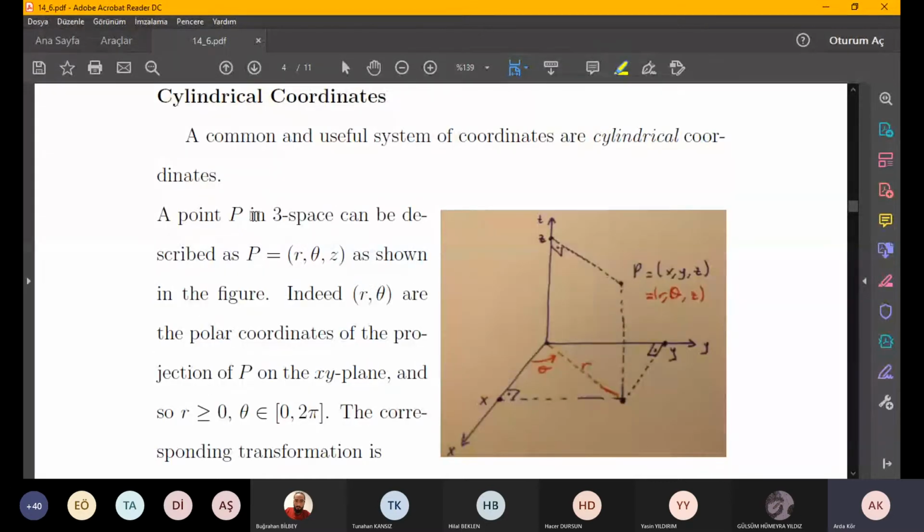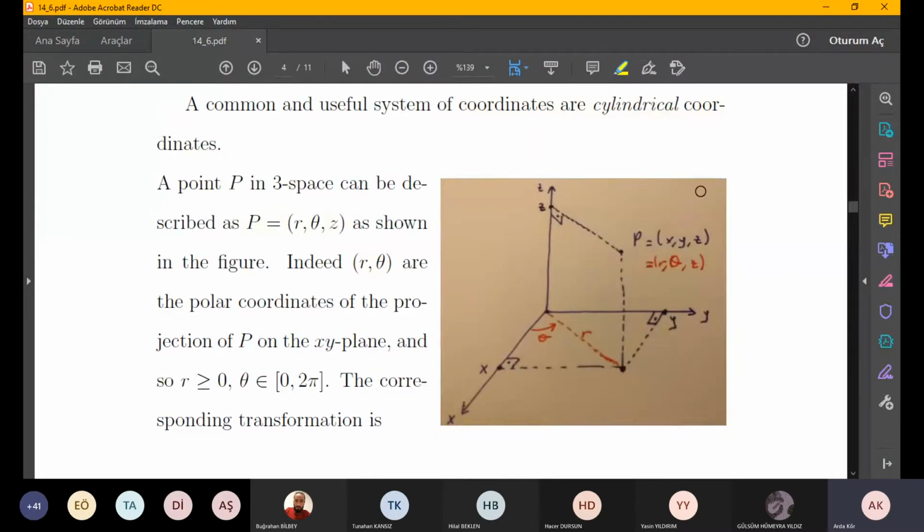So a point in three-dimensional space, which will represent a point in our integration domain, as r, theta, z. So in Cartesian coordinates, you can represent any point in three-dimensional space as x, y, z, and in cylindrical coordinates you can represent any point by the coordinates r, theta, and z.